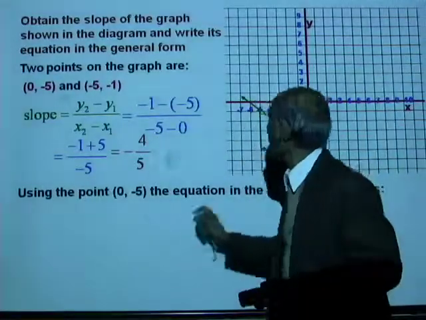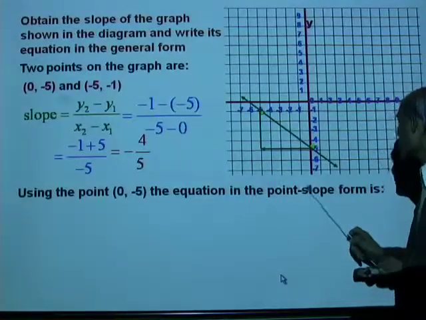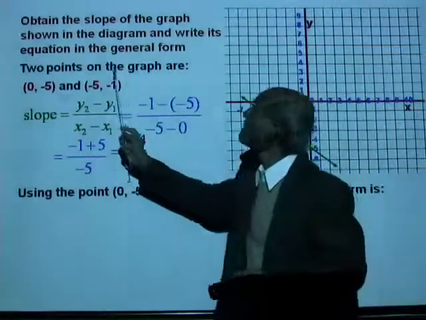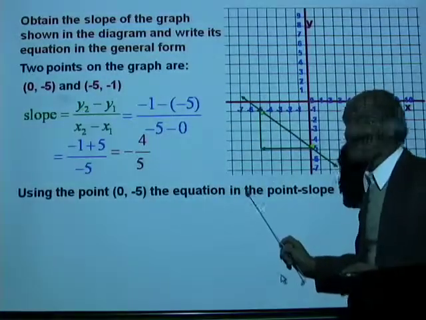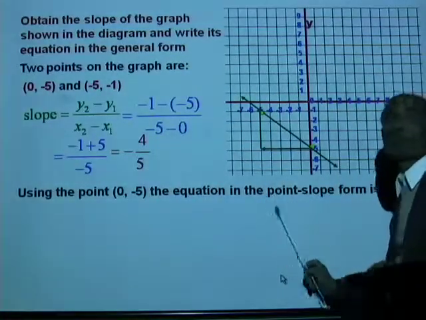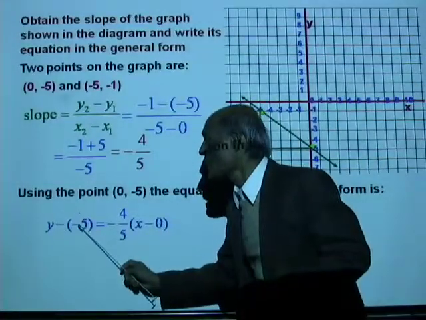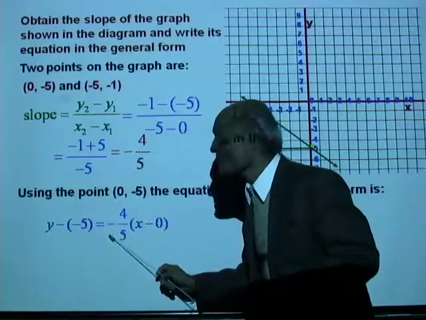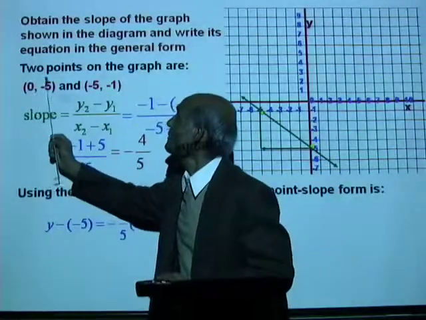Now, using the point (0, -5), we can write the point slope form. Ultimately, we want the equation in the general form, but to start with, we will write the equation using the point slope form. In other words, y minus y1 equal to m times x minus x1. This is our (x1, y1).